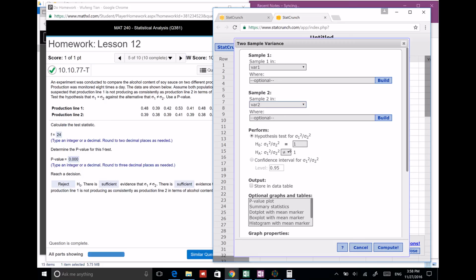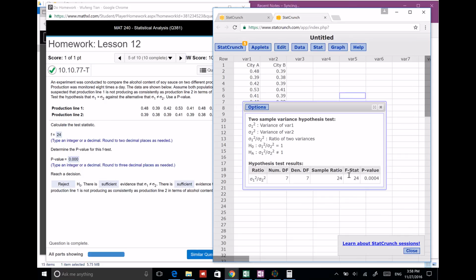Okay, not equal 1, to compute. You get F equals, P is 0.004, the degrees of freedom is 24, and this is 0.000, so it's very small. You put in 24 here, degree of freedom. P value is 0.000, is this one. Reject null hypothesis because this is really small. We have sufficient evidence that they are not equal. Okay.